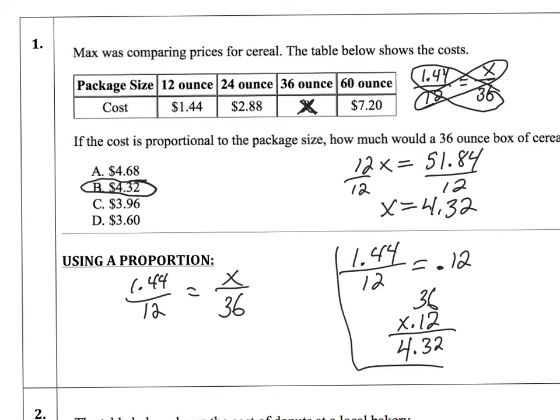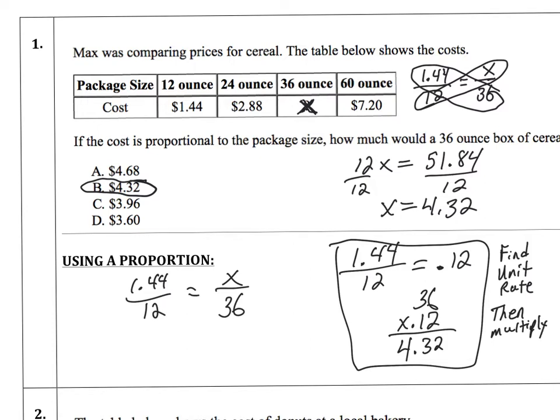Okay? So this is a second way that you can find the value. So we find the unit rate, then multiply by the unit rate. Okay. Personally, I find it easier just to set up the proportions.